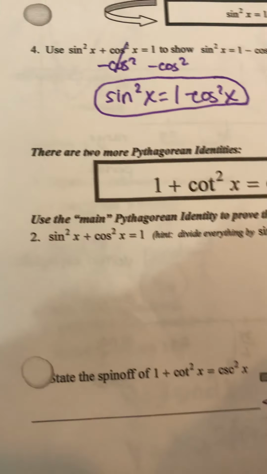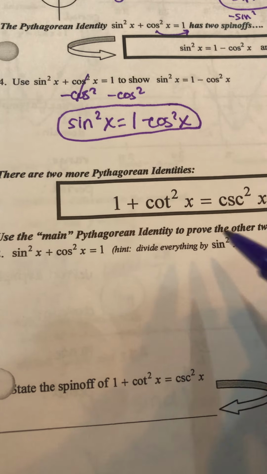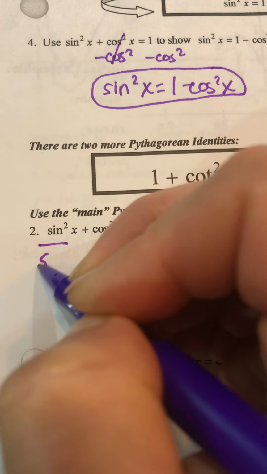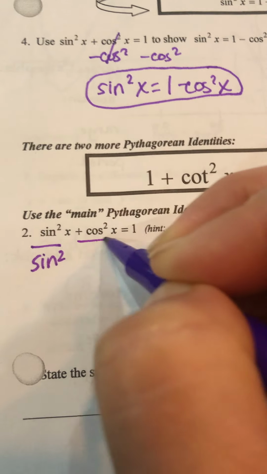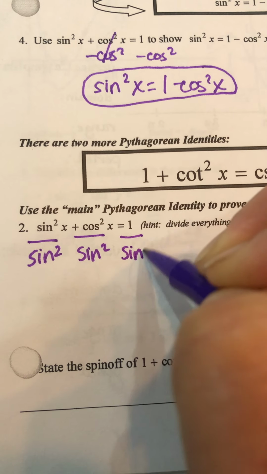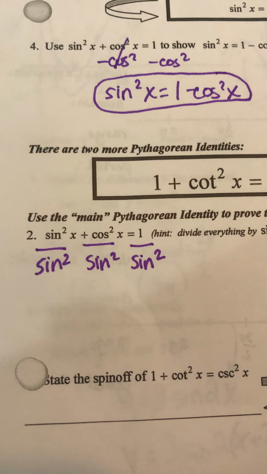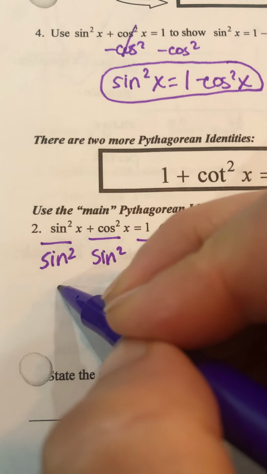How we're going to prove those identities is take the main Pythagorean identity and divide everything by sine squared. You remember from Algebra 1, we are allowed to divide both sides or divide every term in an equation by something as long as it's not 0. Sine squared over sine squared, wasn't that just 1?